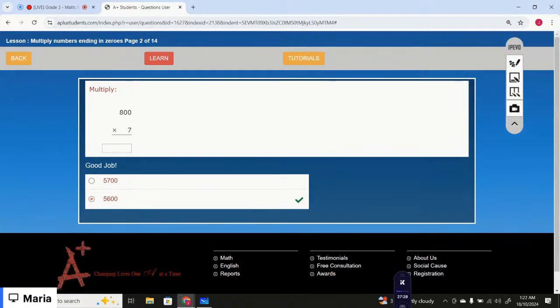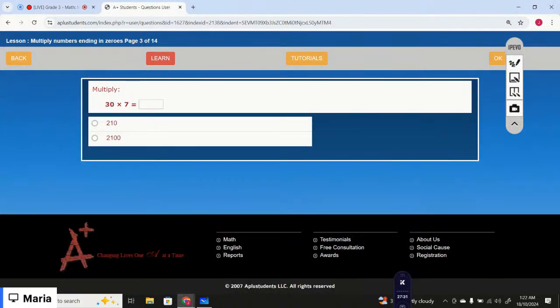That makes it 5600. 30 times 7, so which is the correct option? 30 times 7 is 210. Option number 1 is the correct option.